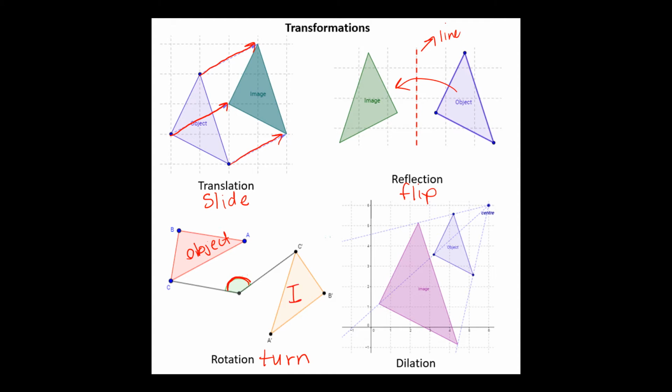Also, once again, a rotation changes the orientation or direction of a figure. And lastly, we have a dilation, and a dilation can either enlarge or reduce the size of a figure. So it can either make it bigger or smaller depending on the scale factor of the dilation that's given.